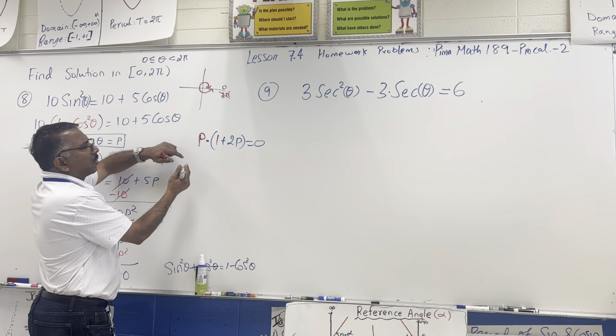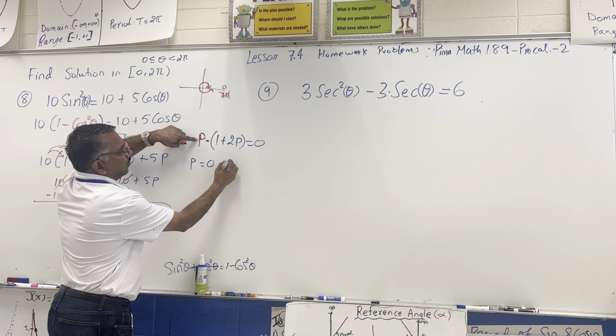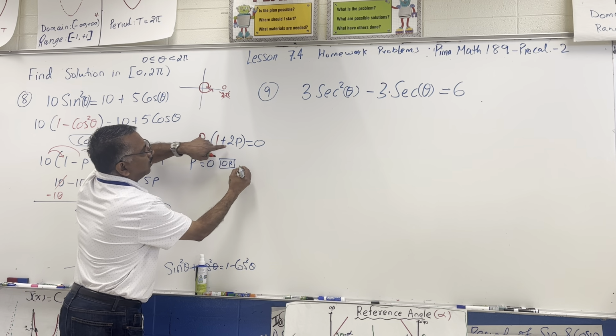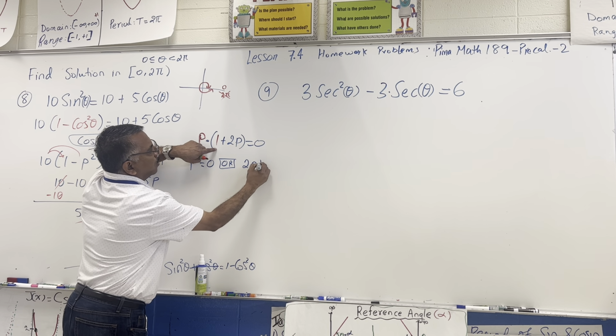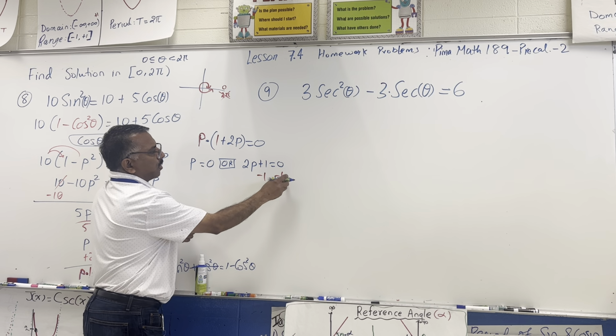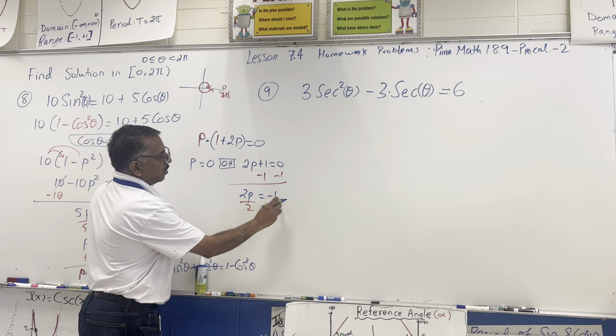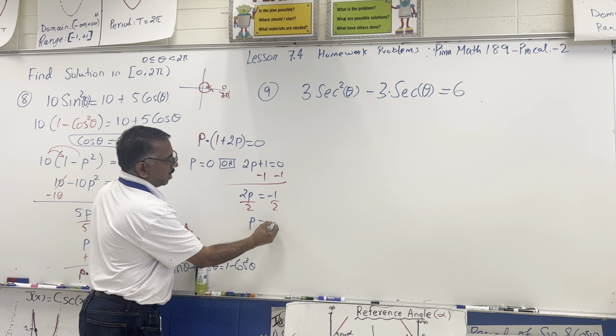Now use the zero product property. Either p is 0, or if that's not the case, 2p plus 1 is 0. Now solve this for p. You subtract 1, then divide 2p by 2, and you get p equals minus half.